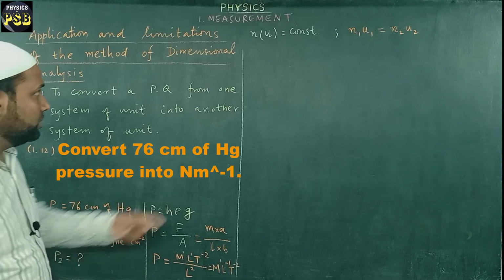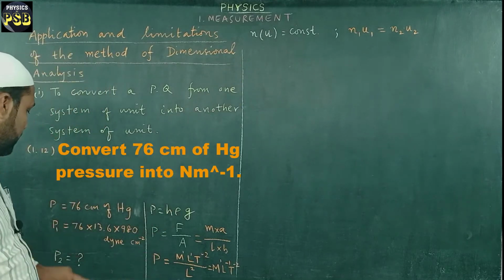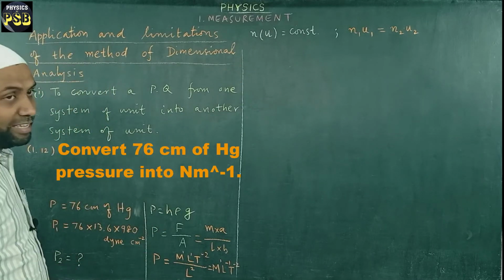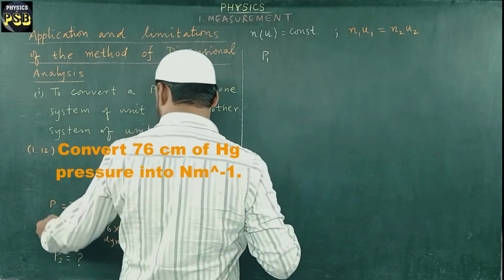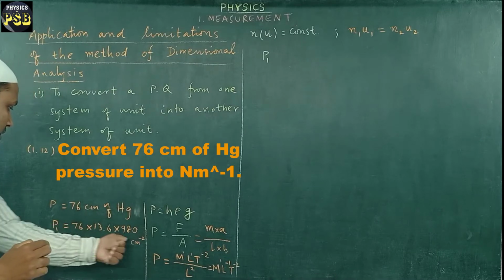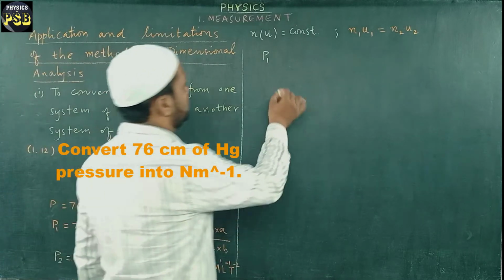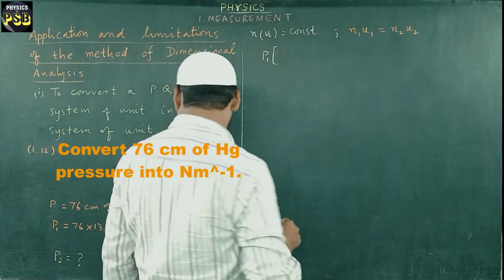Now I'll apply this method to get the value of pressure in the SI system. So here P1 is the pressure in one system of unit. It is multiplied with its unit. What is that?